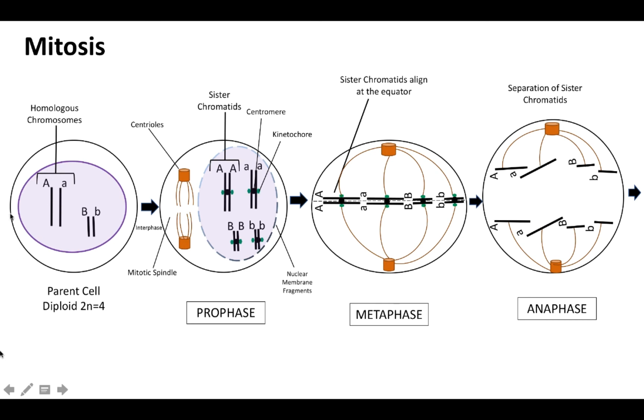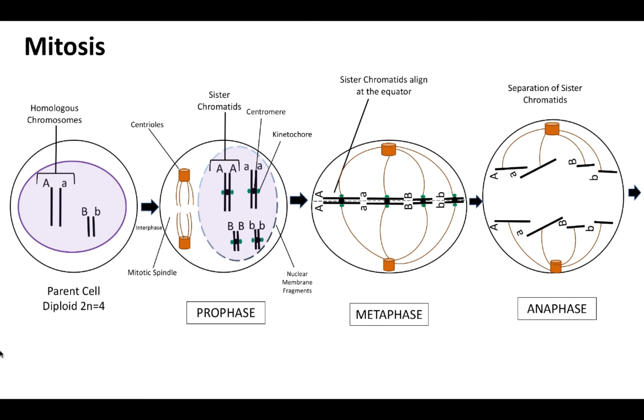Every time mitosis happens, it happens with a parent cell, and it's diploid. In this case, the 2N diploid number is 4. We're choosing to use 4 chromosomes to teach with rather than 46, which would be overwhelming.